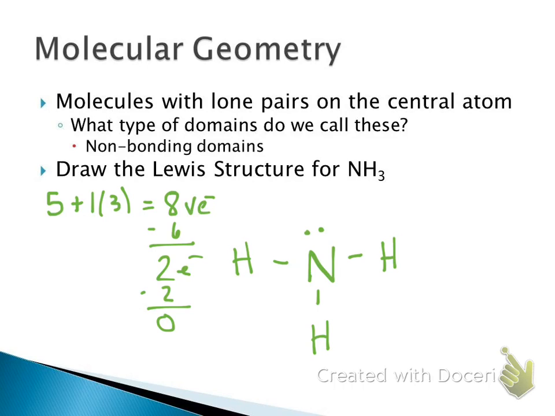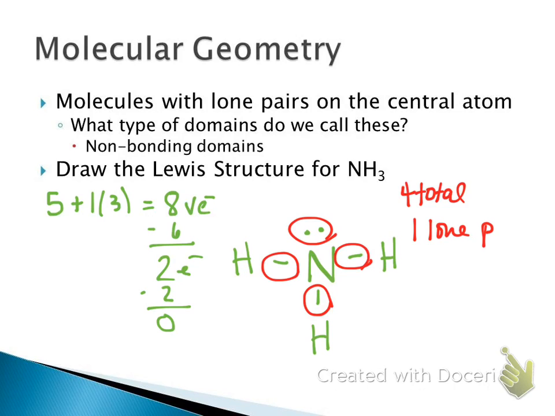Okay, so I want you to go ahead and determine the molecular geometry of this NH3 molecule. How many total electron domains does it have? It has 1, 2, 3, and 4 total. So 4 total, and it has 1 lone pair, or 1 non-bonding domain. So if we take a look at our molecular geometry sheet, we've got 4 total electron domains. We're going down the left-hand side, 4 total.